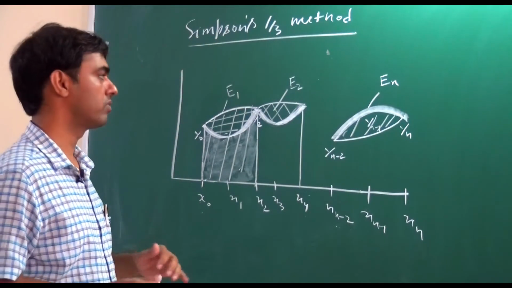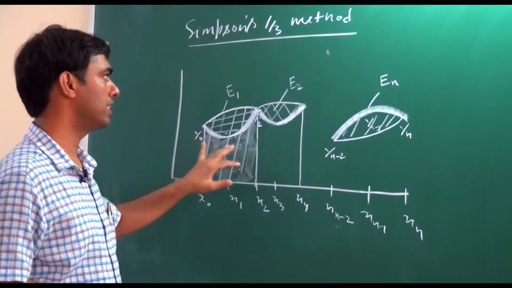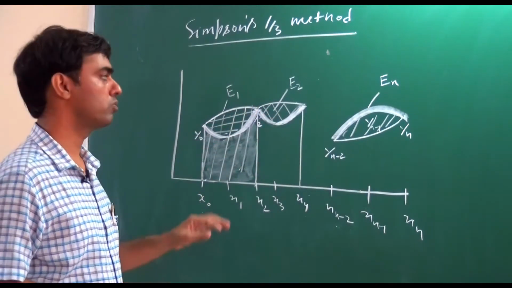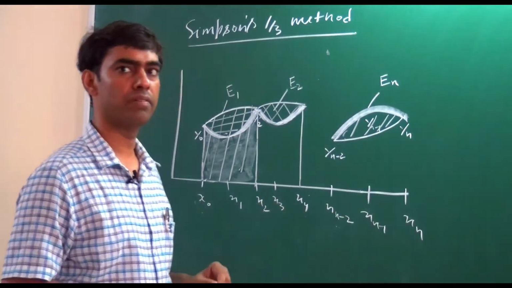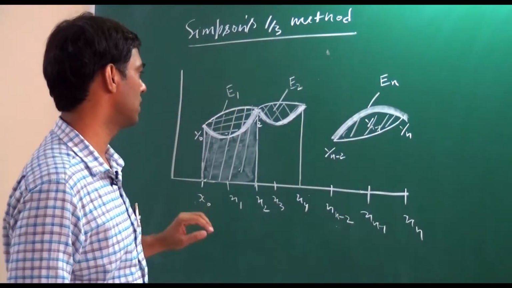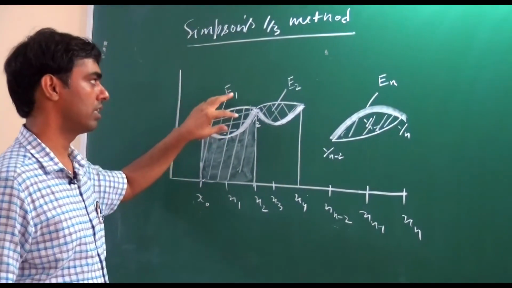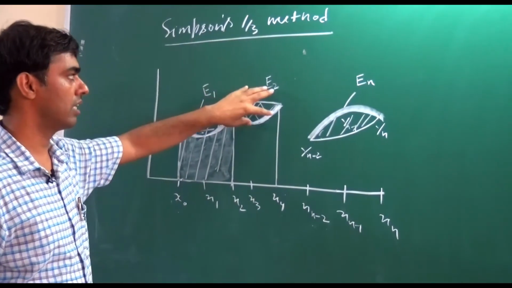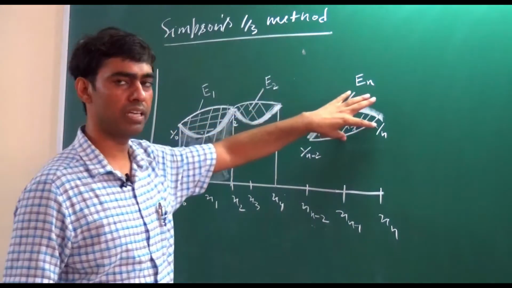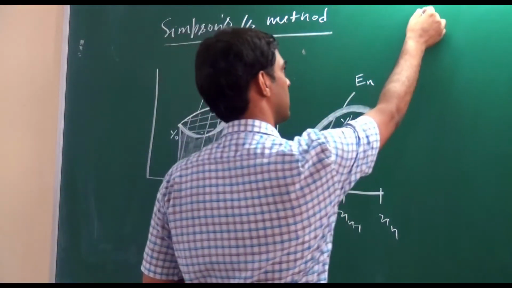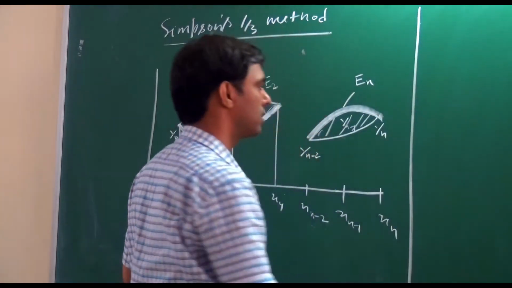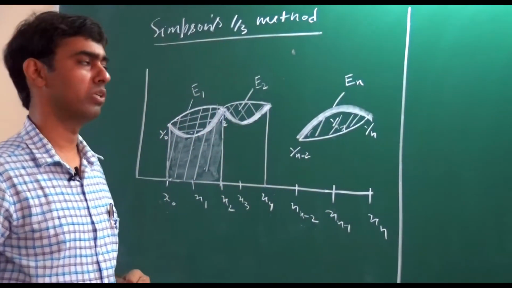Next we are going to derive mathematically the formula to find the value of integration from x0 to xn by the Simpson 1/3 method. Then we find the error after the first step, error after the second step, then error after the last step. This is the geometrical interpretation of Simpson 1/3.